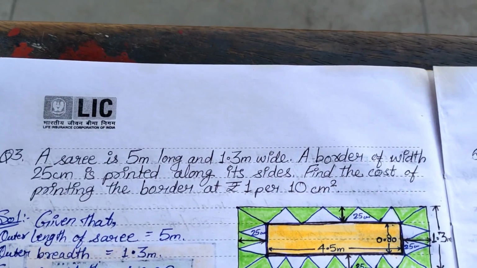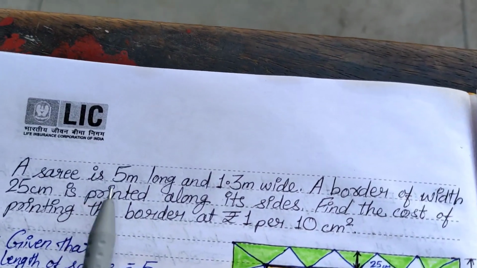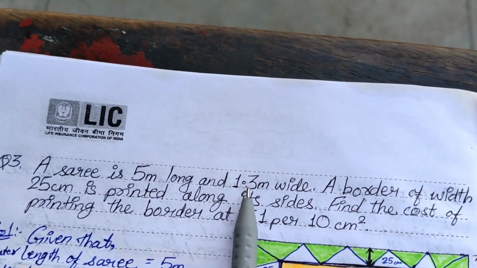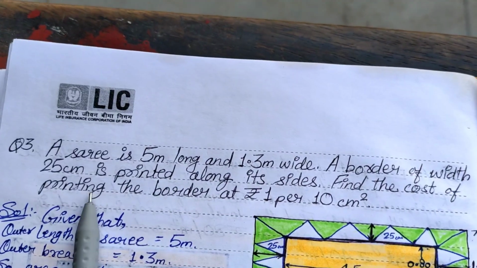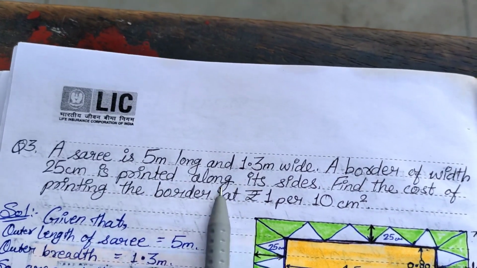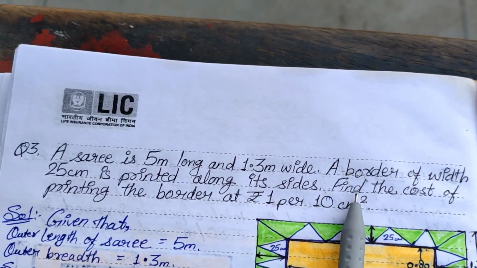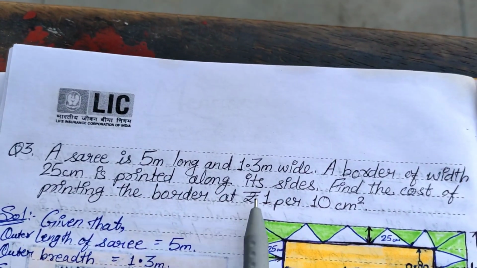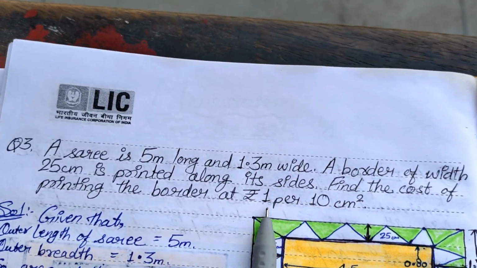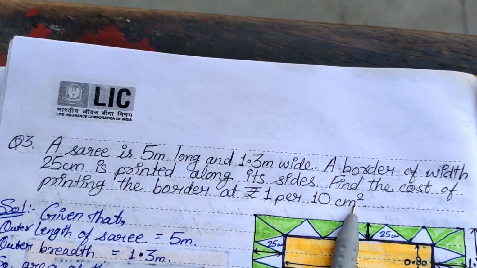See question number 3. A sari is 5 meter long and 1.3 meter wide. A border of width 25 centimeter is printed along its side. Find the cost of printing the border at rupees 1 per 10 centimeter square.